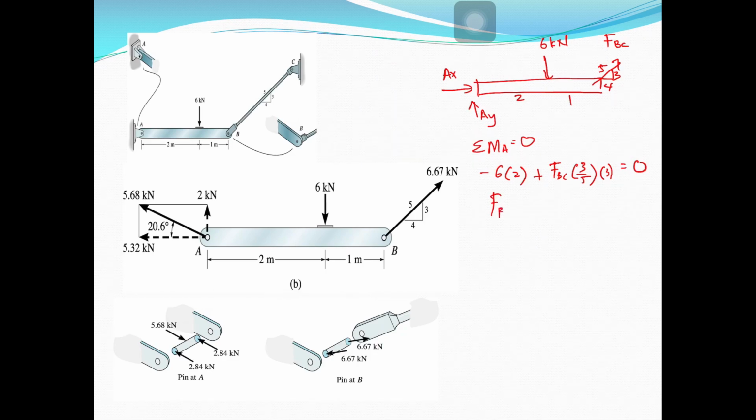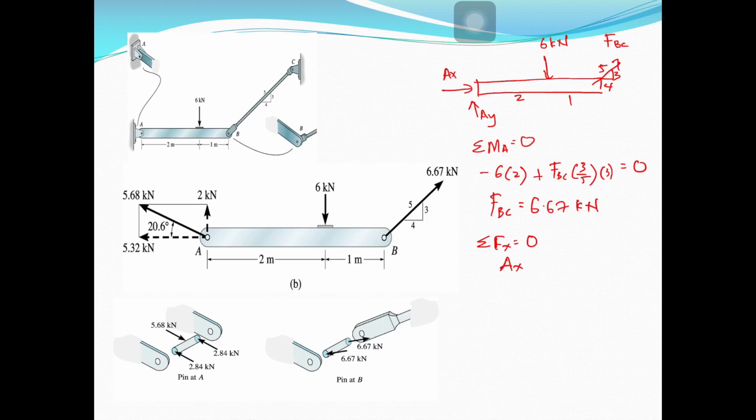So you get FBC equals 12 times 5 divided by 9. So you get 6.67 kilonewton.